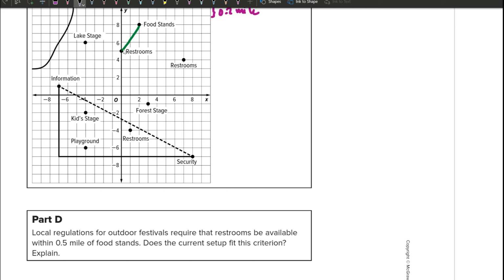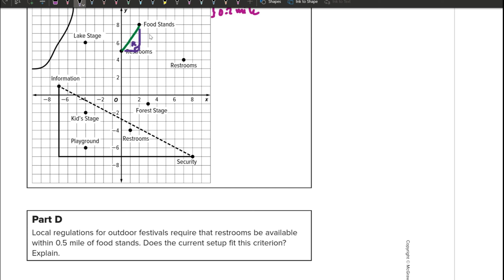So first you're going to find the distance between the food stands and the restroom. We can use the distance formula, or you can use the Pythagorean theorem. Okay, so this is the right triangle. The one that you try to solve for is the distance between the restroom and food stand.